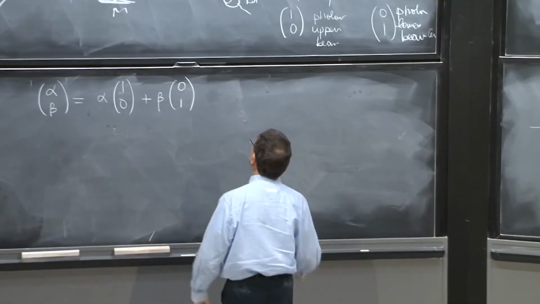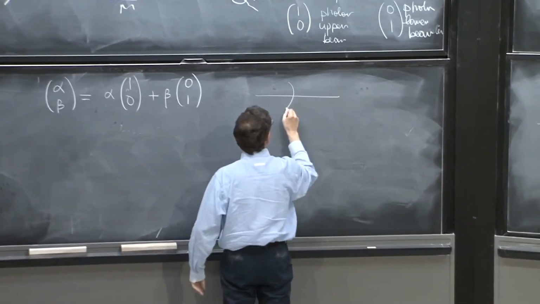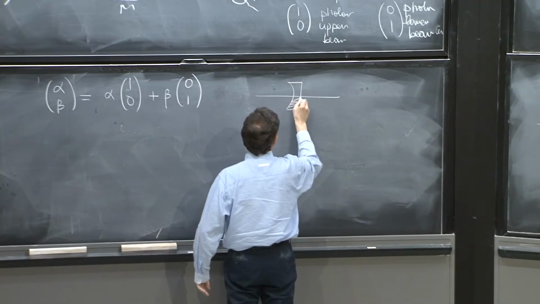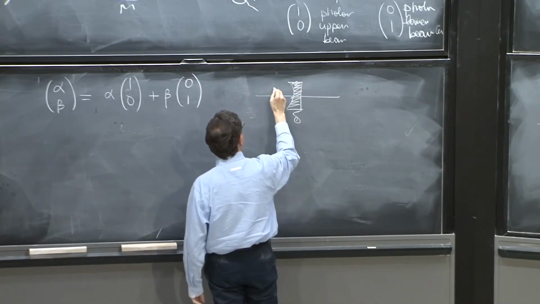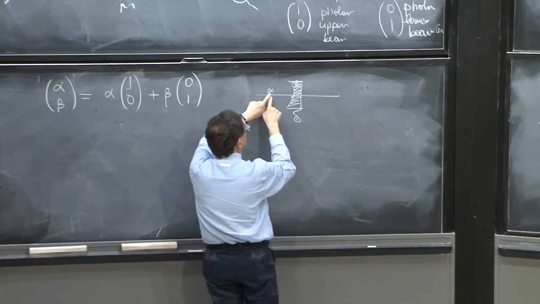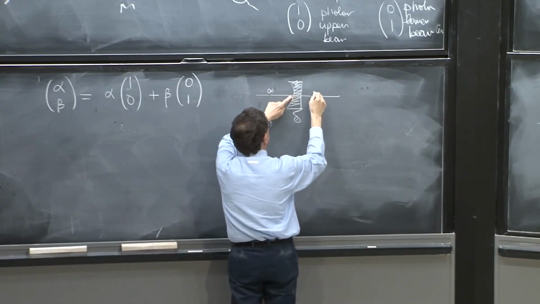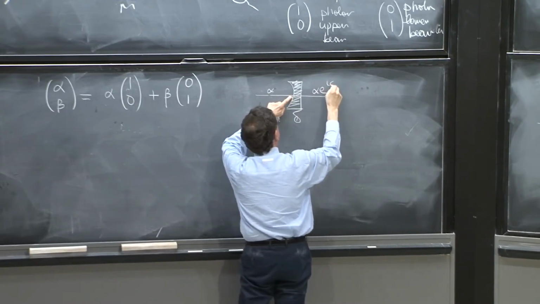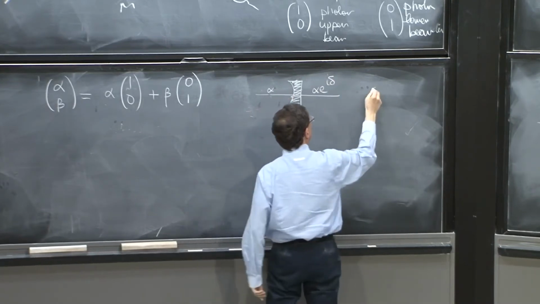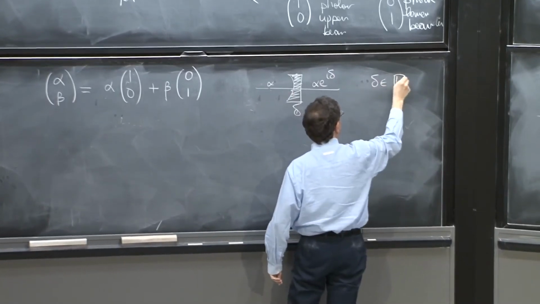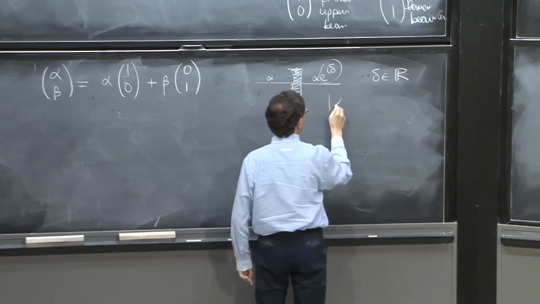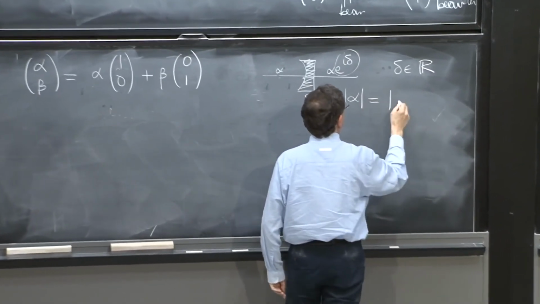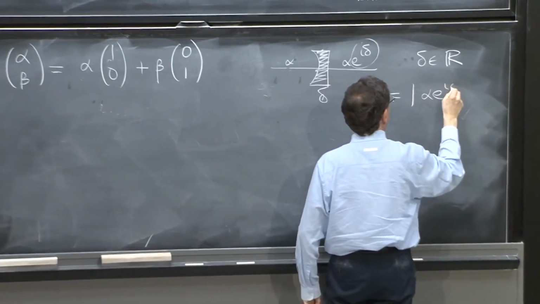We also had this little device, which is called the phase shifter of phase delta. If the probability amplitude is alpha to the left of it, it's alpha e to the i delta to the right of it, with delta a real number. So this is a pure phase. And notice that the norm of alpha times e to the i delta equals the norm of alpha.